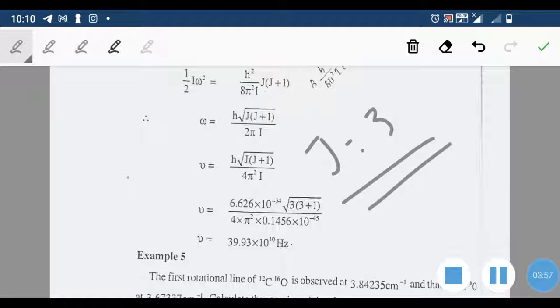Substituting the values, 6.626 into 10 raised to minus 34 into root of 3 into 3 plus 1 divided by 4 pi square into 0.1456 into 10 raised to minus 45. That is obtained as 39.93 into 10 raised to 10 hertz. That is the revolutions per second, that is the frequency asked in the question. So frequency is obtained as 39.93 into 10 raised to 10 hertz.